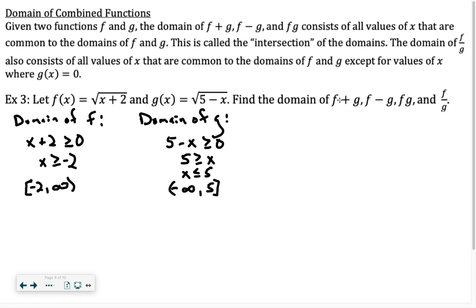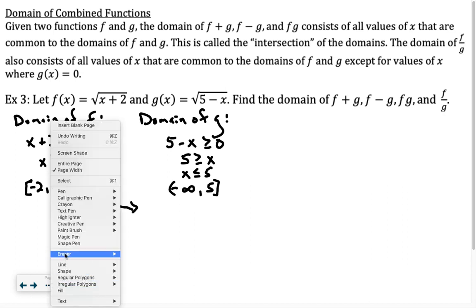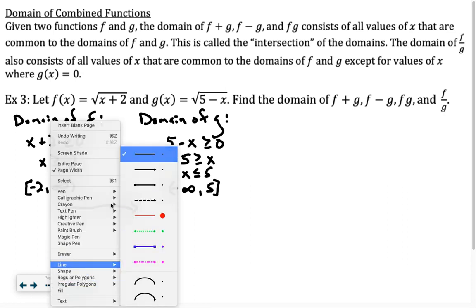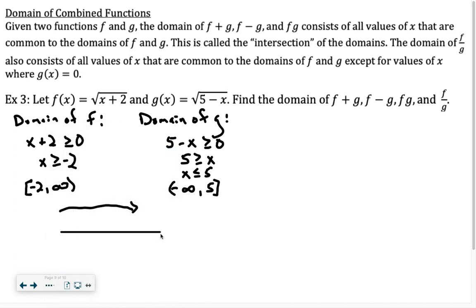So for the domain of f plus g, f minus g, and f times g, what I want is the intersection of these two things. It might be easier to visualize if we put both of these on a number line. Okay, so let's say, why don't I just get some lines here?